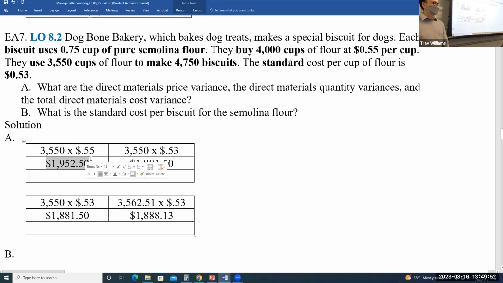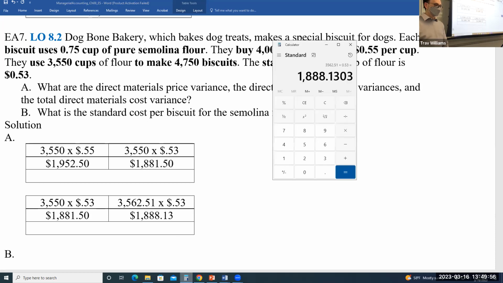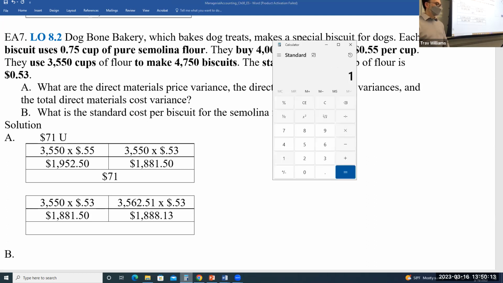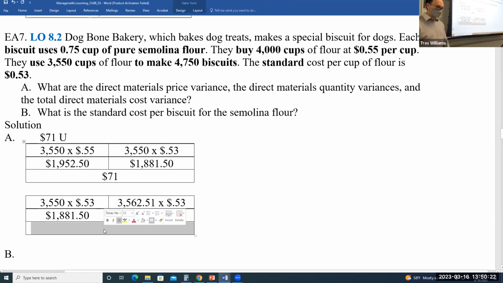Then we're going to take the left side, subtract the right side for each of these 2 formulas. Here we get a positive $71. That's $71 unfavorable price variance. On the bottom, we get negative 6.63.